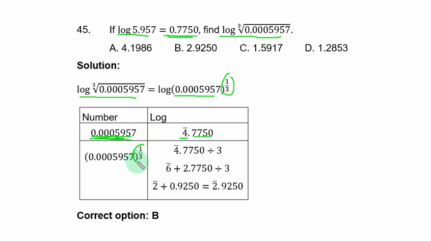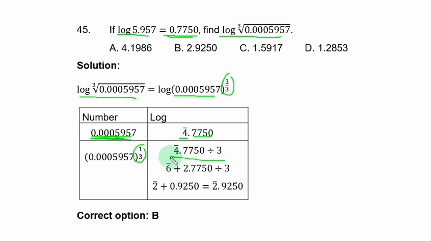This power means you divide the log value by 3. Here we always try to have a whole number from the division. Now, if you divide bar 4 by 3, you cannot have a whole number. To avoid decimal number with remainder, you have to transform bar 4 such that 3 can divide it.